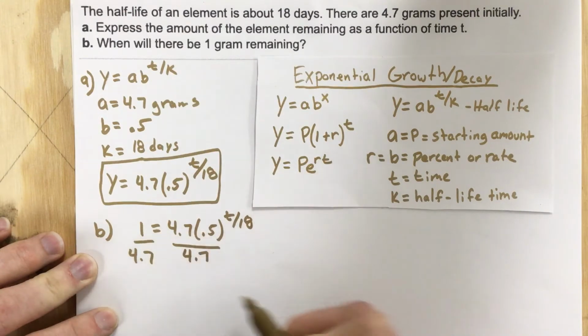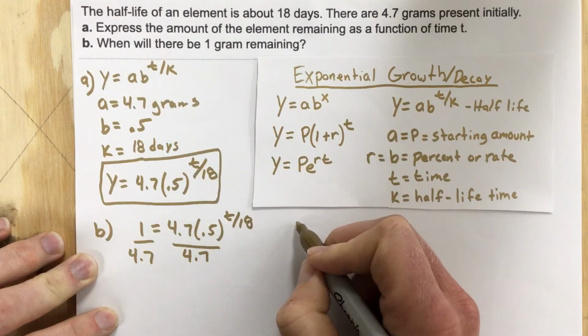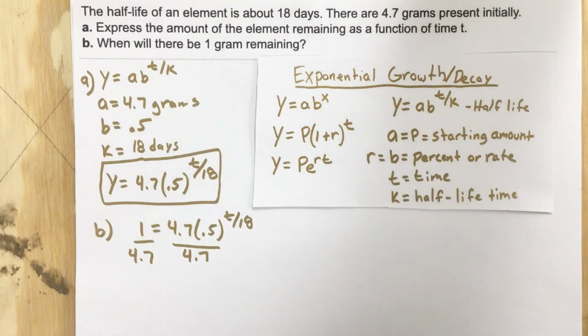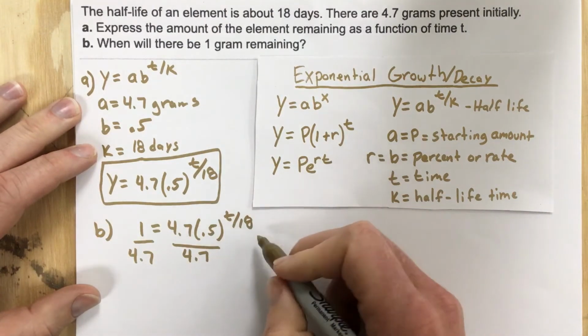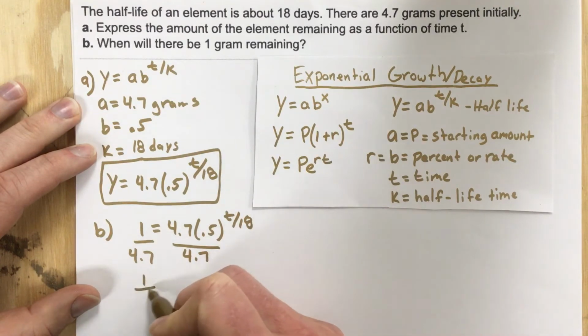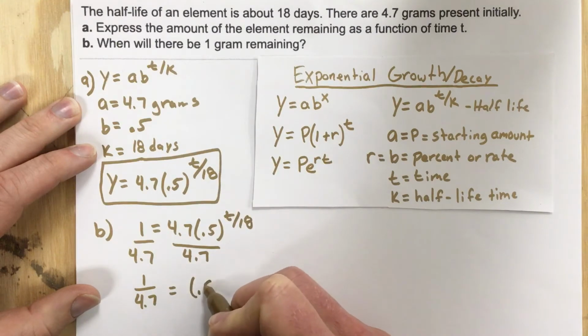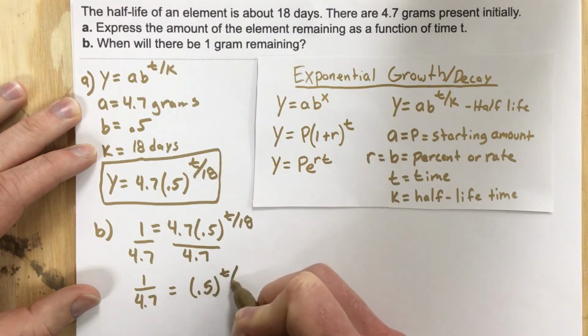So we get 1 over 4.7. I'm actually going to just leave that fraction as is, because let's see, what's 1 divided by 4.7? See if it comes out nice. It doesn't, so we're going to leave it as a fraction. And we'll say 1 over 4.7 equals 0.5 to the t over 18.